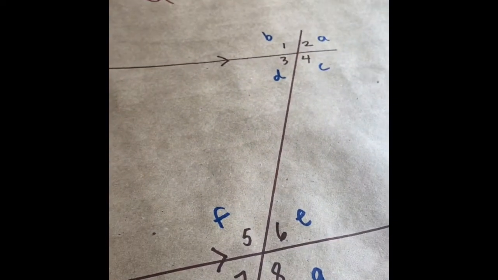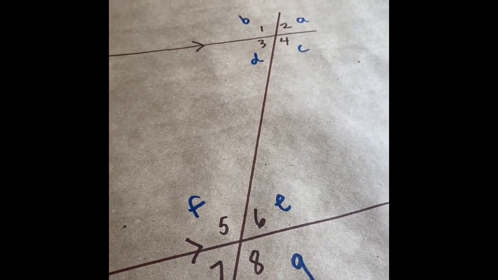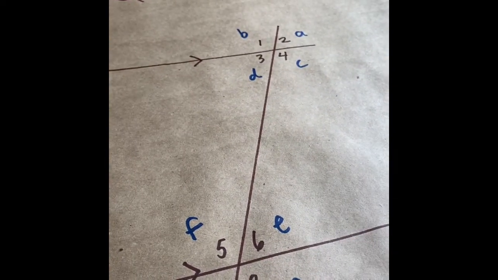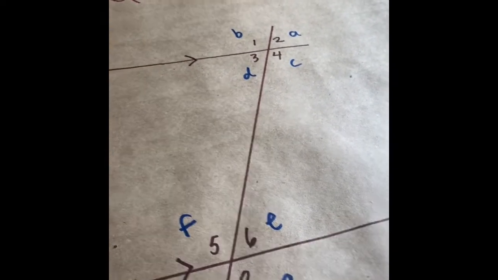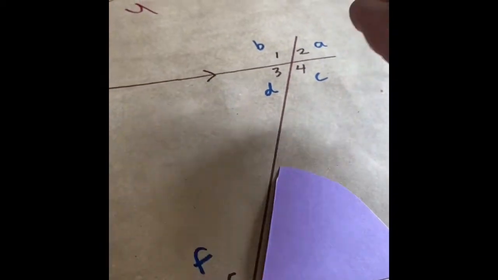Now, back when I was in grade 7 or 8 or 9, we called this the F pattern, because if I use the parallel lines and the transversal to draw the letter F, then the two angles on top of the F, the A and the E, are equal.